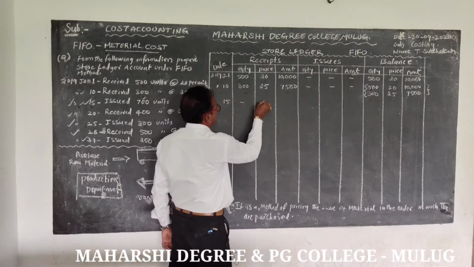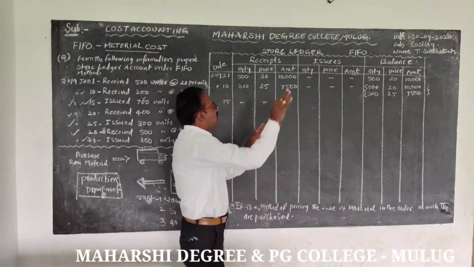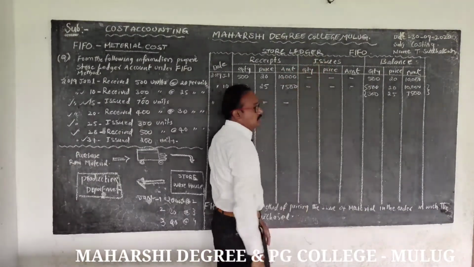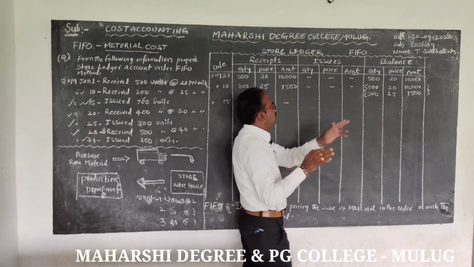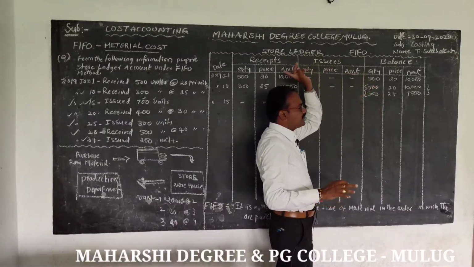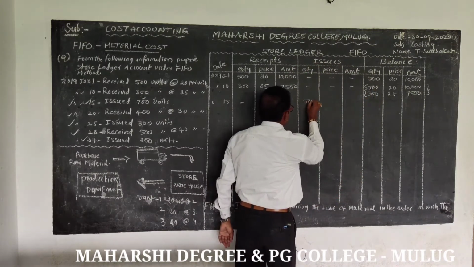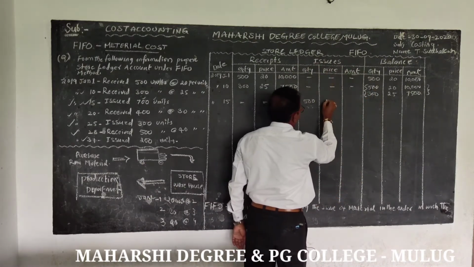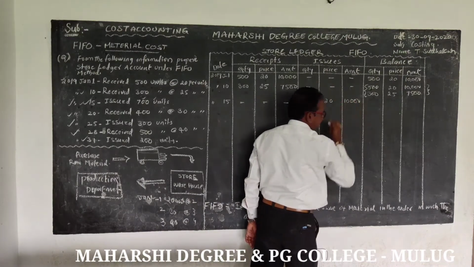This transaction is entered in the issued column: 700 units. As per the FIFO method, 500 are issued first, entered at 20 rupees, 10,000 rupees.